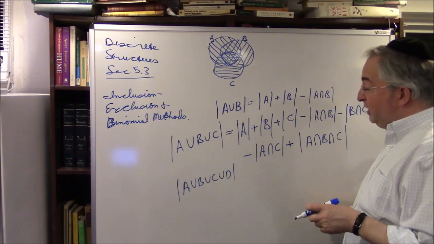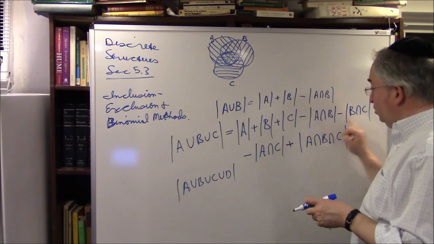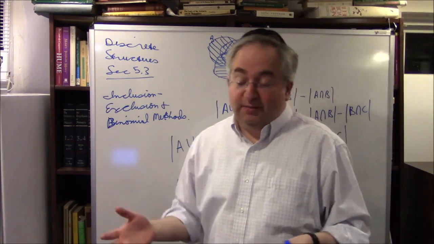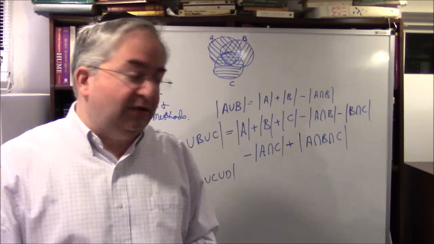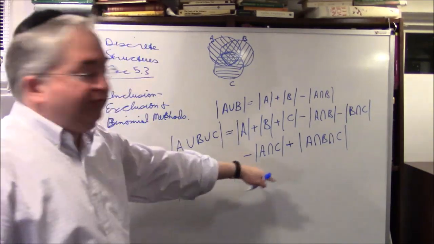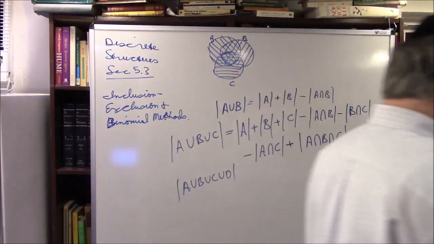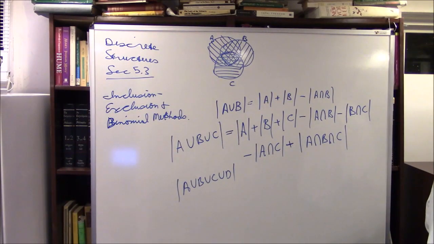And if you're intersecting an even number of things, like 2, then you subtract it. And now you can build this up forever and ever. Obviously, this is going to have a lot of different pieces. And again, it's in the book and you should look at it, but it's not so pleasant to actually write out.